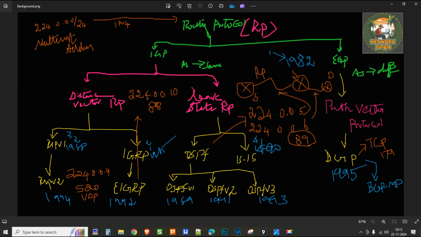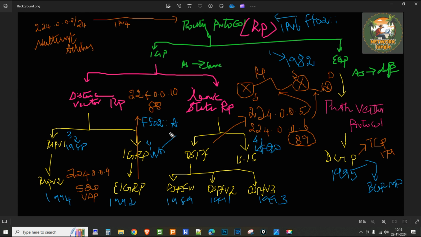Next, the FF02 multicast address is used for dynamic routing protocols in IPv6 topologies. Here FF02 for EIGRP, Enhanced Interior Gateway Routing Protocol. FF02 : what is the hexadecimal? 10A.